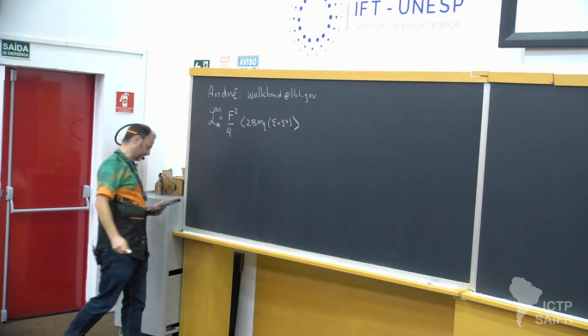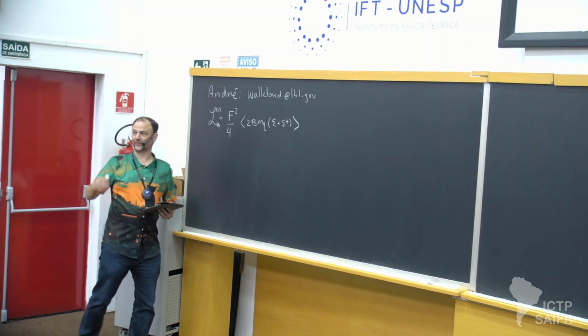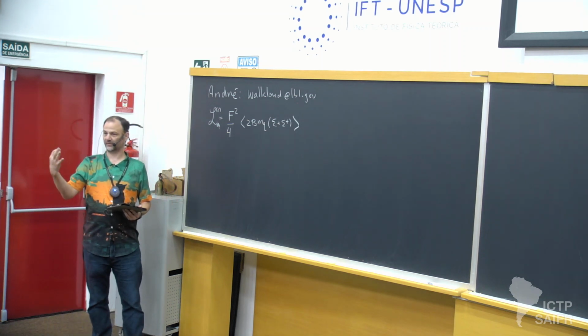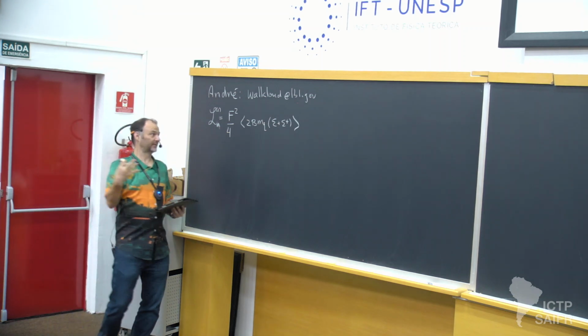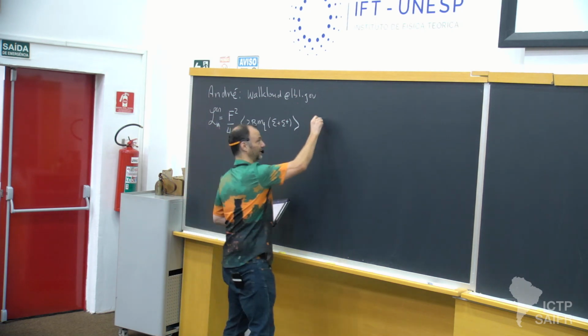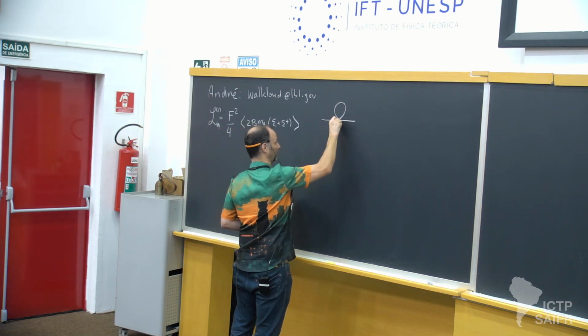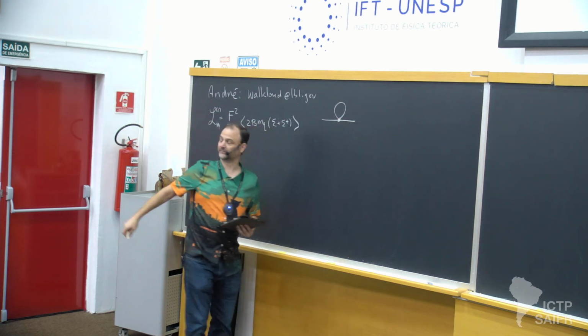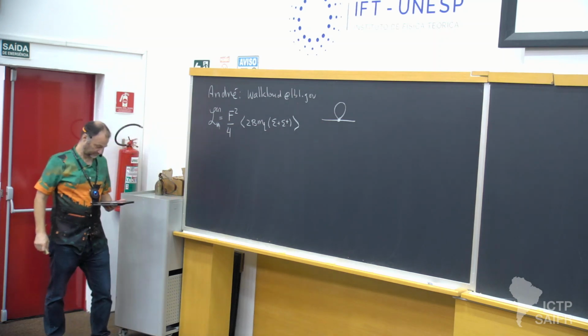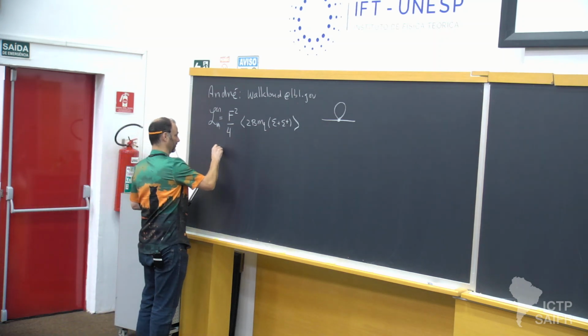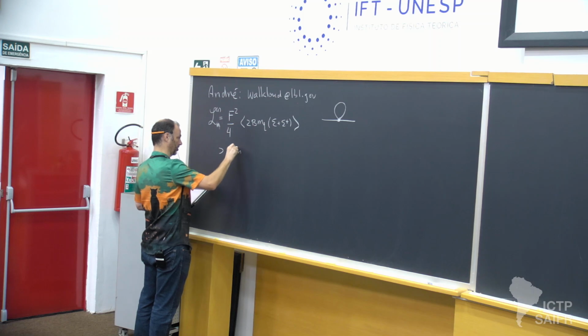What we're interested in are terms which have 4 pion fields, because we want to work out a self-energy correction that's going to look like this. And so this is going to contain the following.